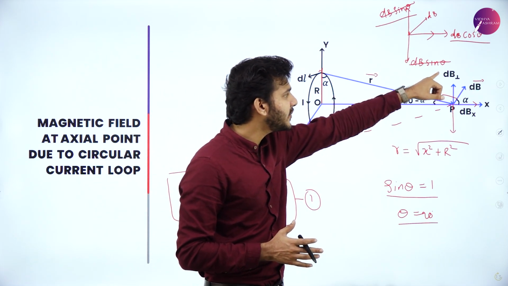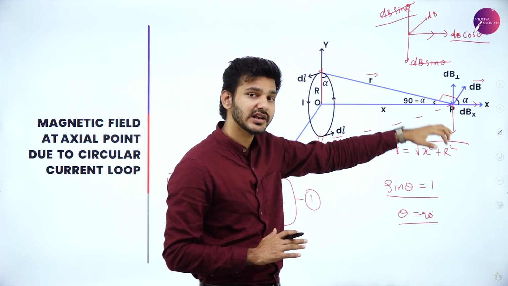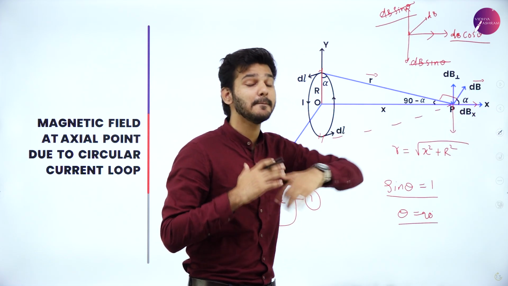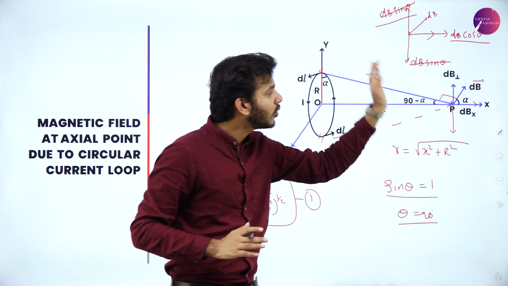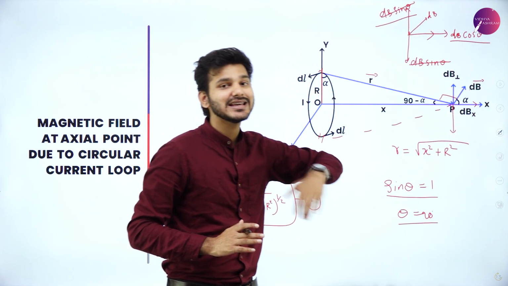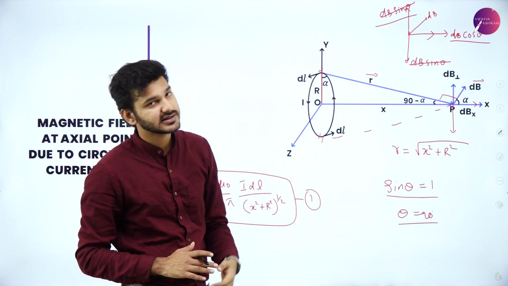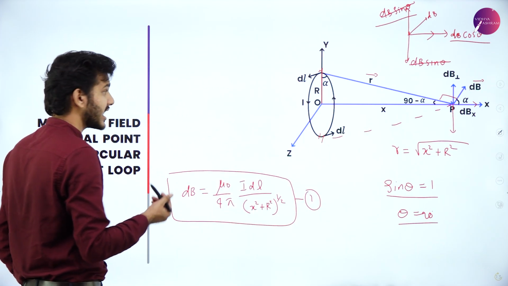That is, dB does not have a vertical component and only horizontal component, means that there is no magnetic field along the vertical plane. Only along the horizontal direction is the magnetic field experienced.